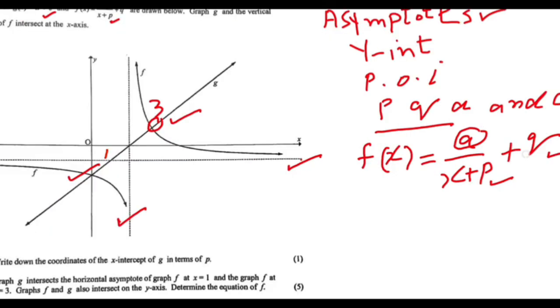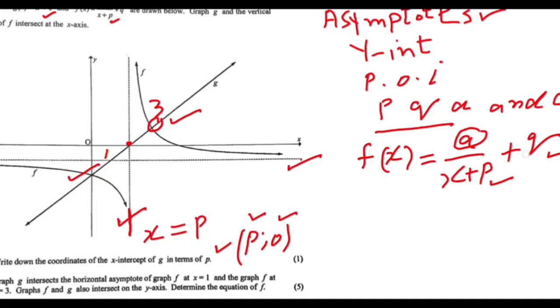Now remember, in question 1 we said the x-intercept is p and 0, because we looked at it graphically: x lies on the positive x-axis, that's why we said x is equal to p, and the y value is 0.